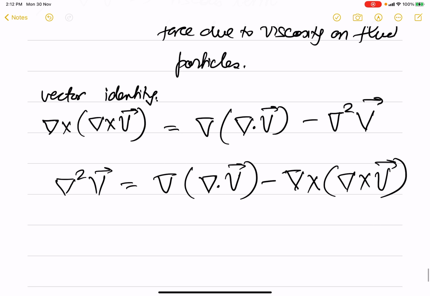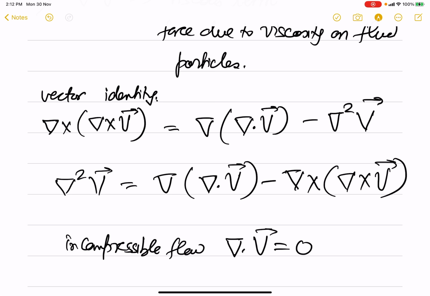So if we look at incompressible flow, del dot V is equal to 0.